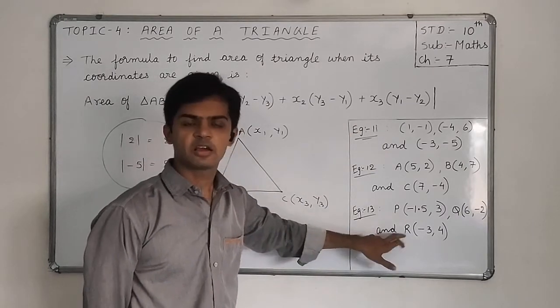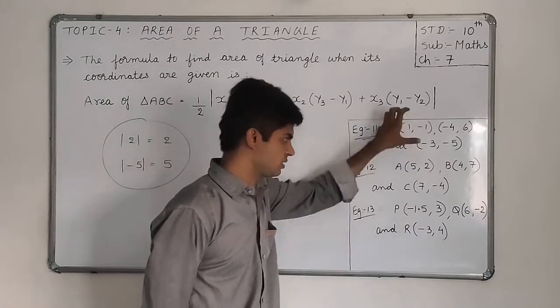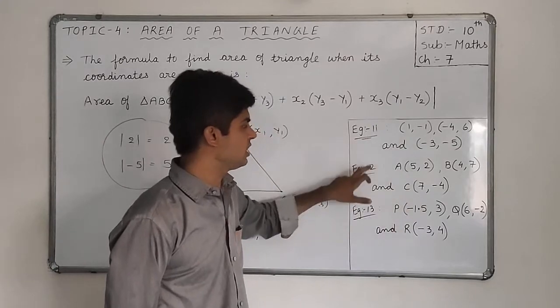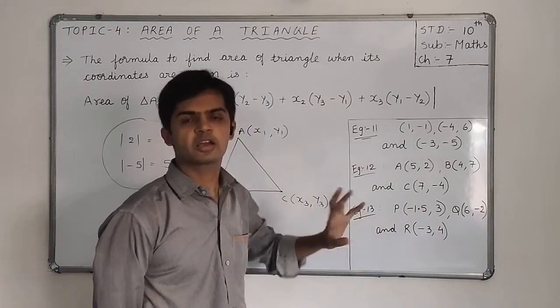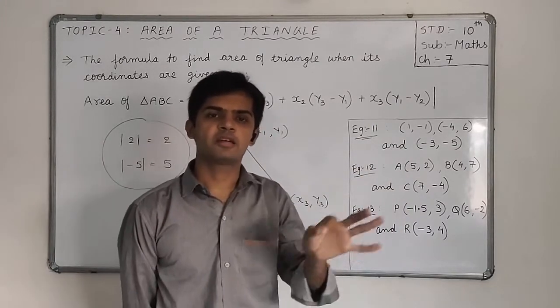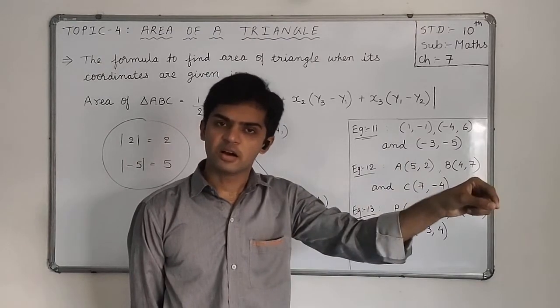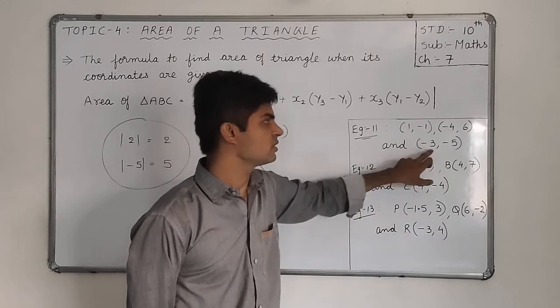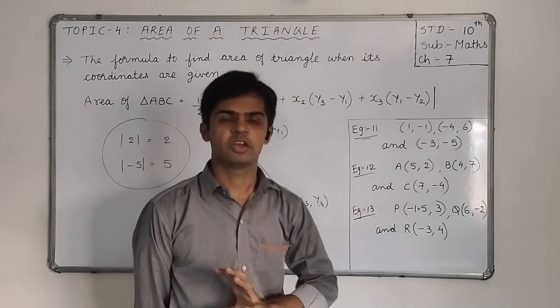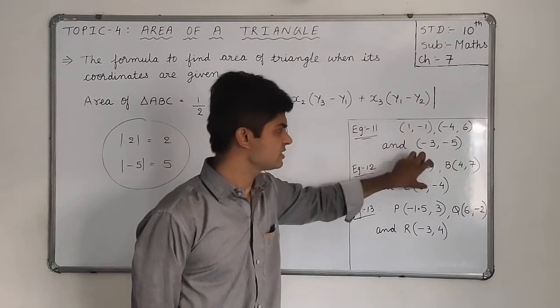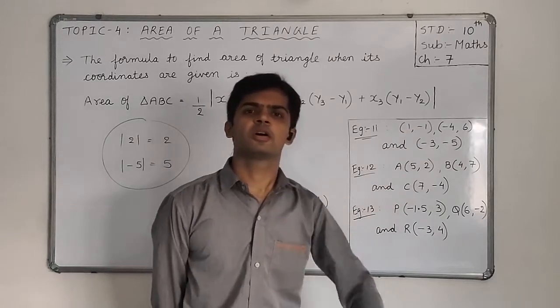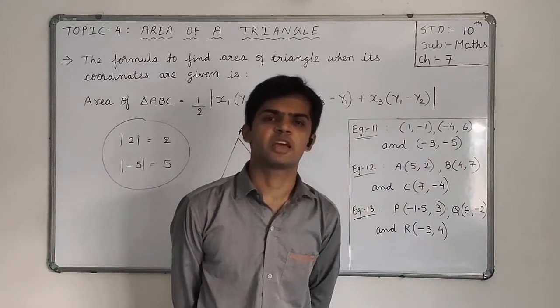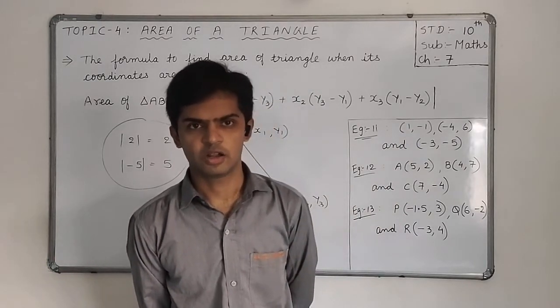Coordinates मैंने लिख ली है, हर एक क्वेश्चन में, ये जो एग्जाम्पल 11 है, 12 है, 13 है, हर एक का क्वेश्चन क्या है, find the area of triangle when the coordinates are given as follows. इट मींस आपको ऐसे कोऑर्डिनेट्स दिए हैं तो आपको ट्रायंगल जो है उसका एरिया फाइंड करना है। अंडरस्टूड?